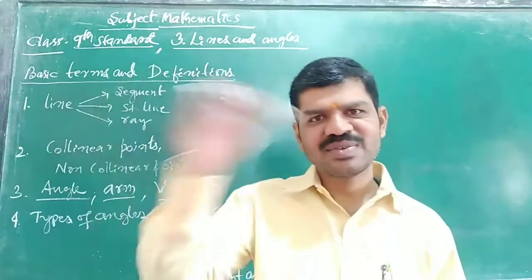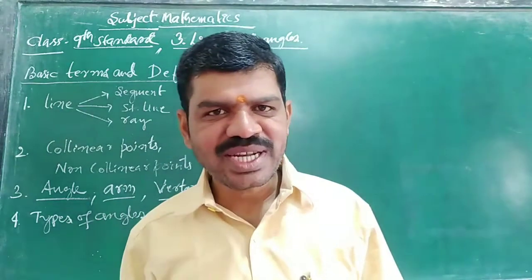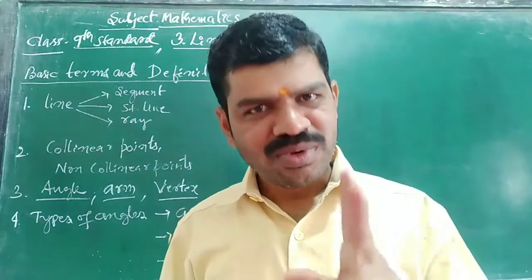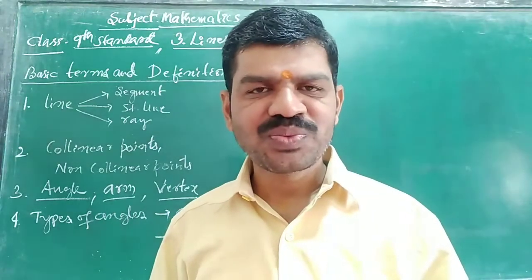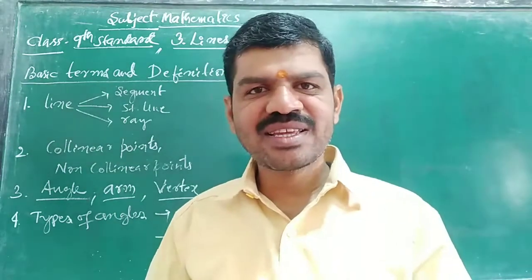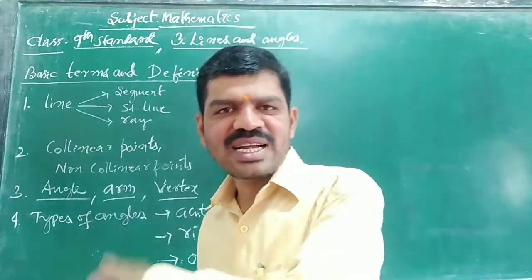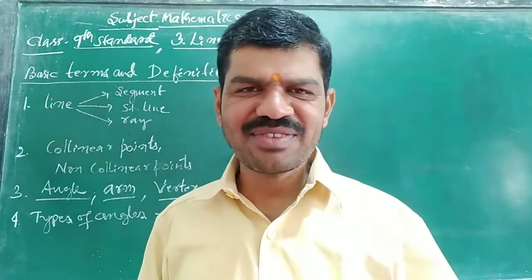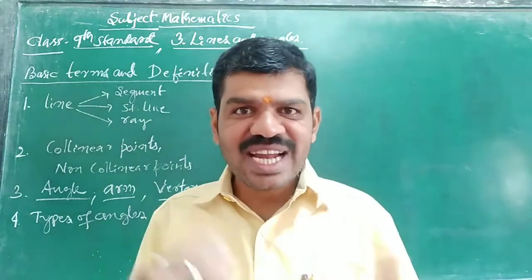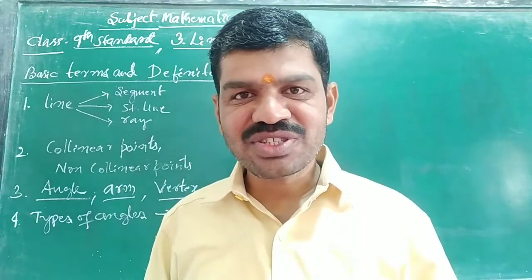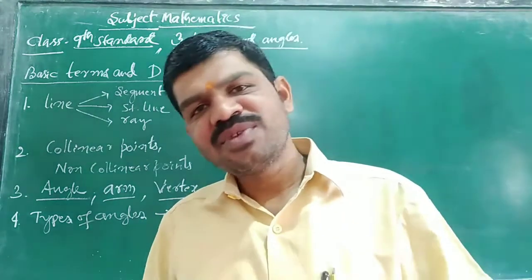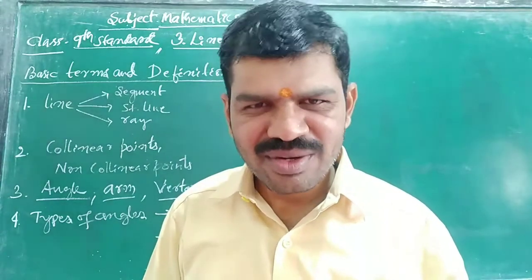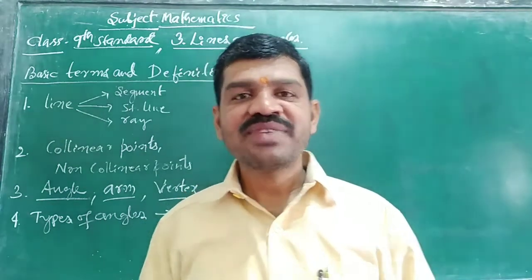After that, we'll go to the introduction to Euclid's geometry chapter, that is chapter 2. Then if you understand this chapter well, automatically that chapter will be very easy. Only definitions are there. You should understand them. Understanding the definitions without practical geometry may be a bit difficult.